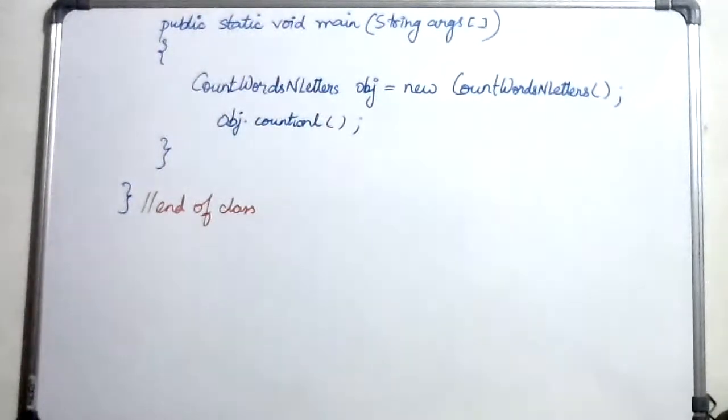We define an object, we use the object to call the function, and we are done. So that's the whole program for counting letters and words using the class designing method, or rather the class designing paradigm.